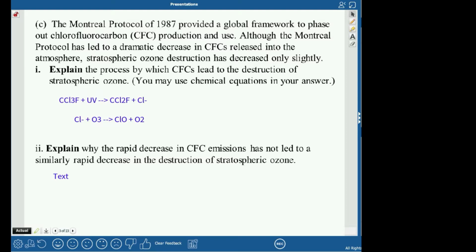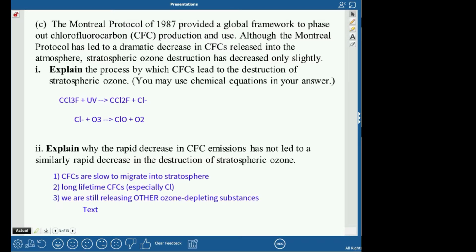So the chlorine just stays up there for a really, really long time, which is not great when it's something that continually causes a chain reaction that breaks up the ozone layer. And then we're also releasing other ozone depleting substances. Okay, so all of that is really causing that issue.